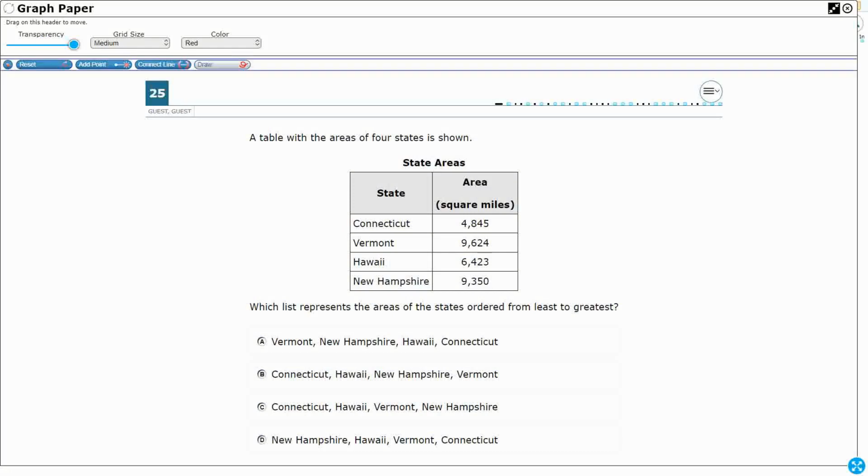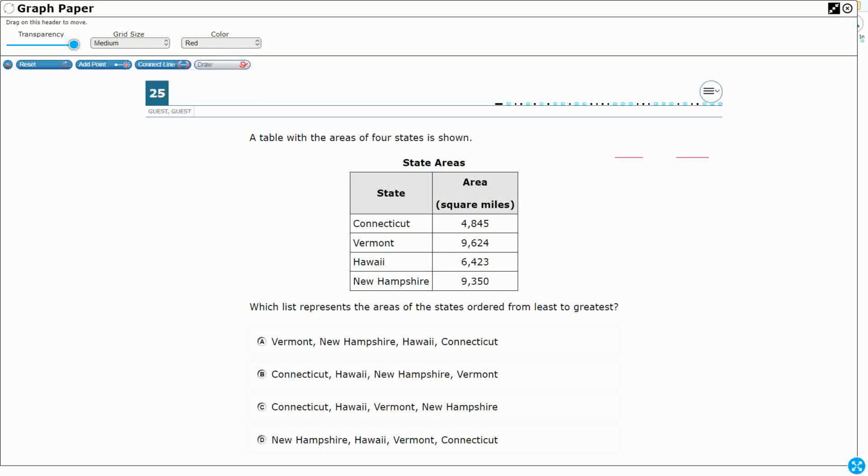All right, so let's take a look at these, and I'm just going to redraw them, but I'm going to put the place value here. So this is my thousands place, right? That's my hundreds place, tens place, and my ones place. So I've got Connecticut, and that's going to be 4,845.